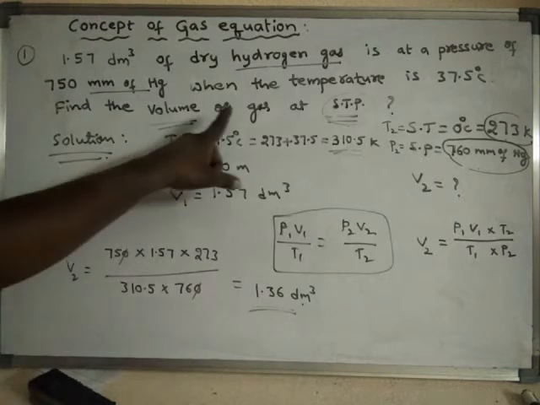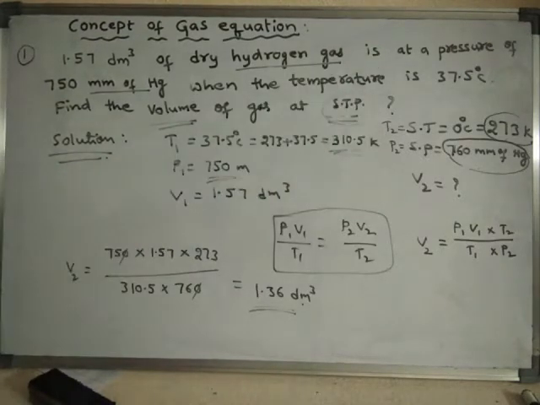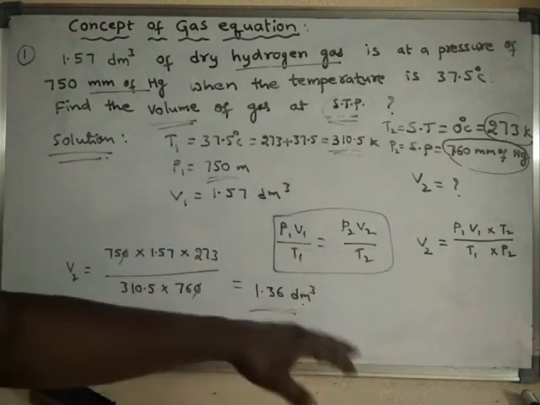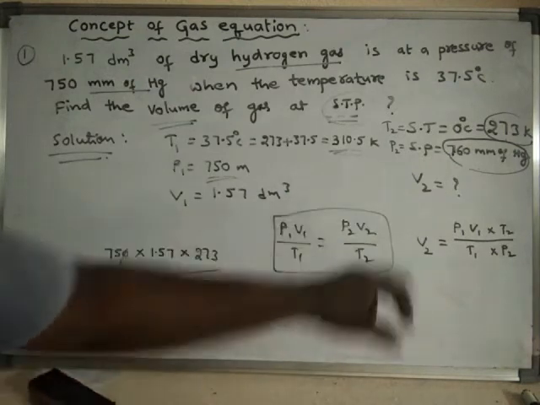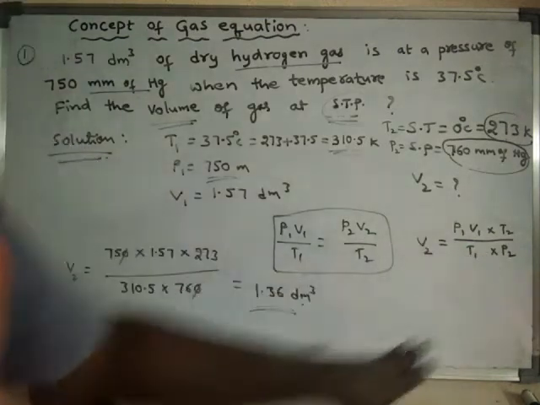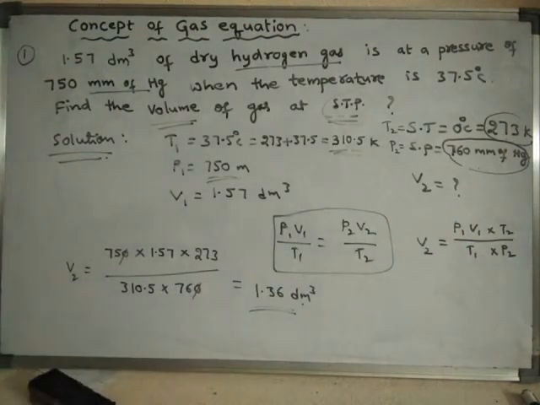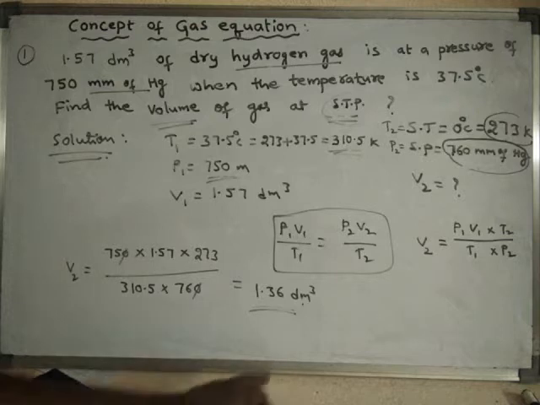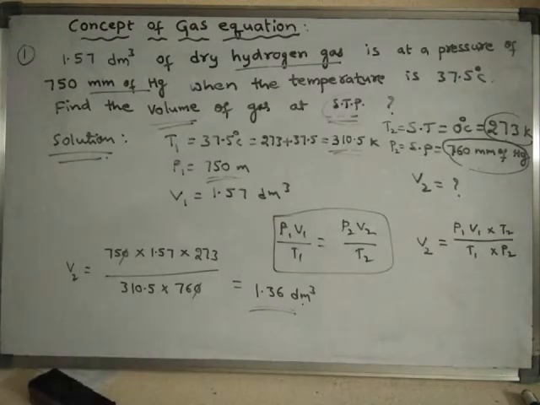To solve this we take the help of the combined gas equation, and upon substituting all the values, finally we get the volume of the gas under STP conditions as 1.36 decimeter cube.